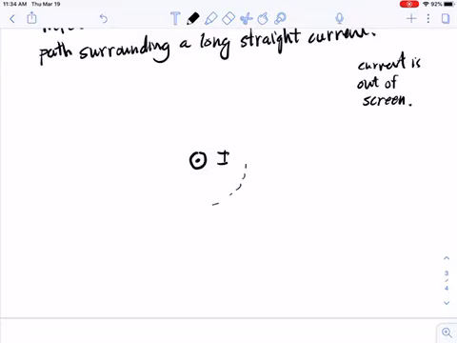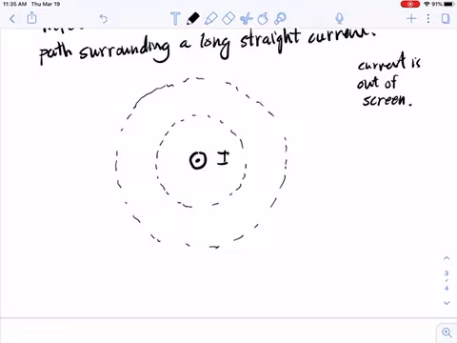That's just like the problem we just solved. And then we'll have a second circular path, again with the current at the center. Maybe this first circle has a radius of d1, and the second circle has a radius of d2.